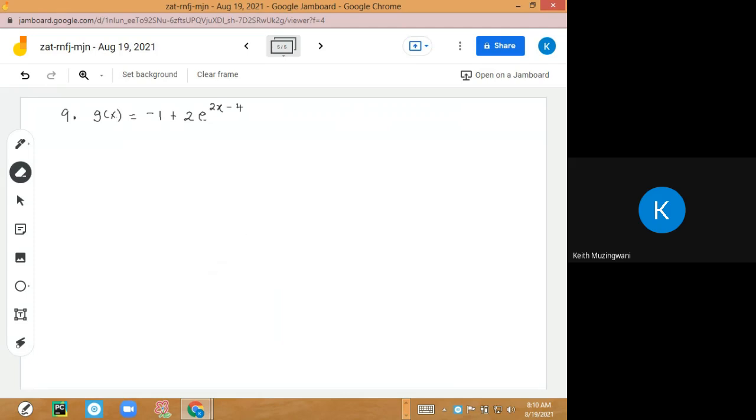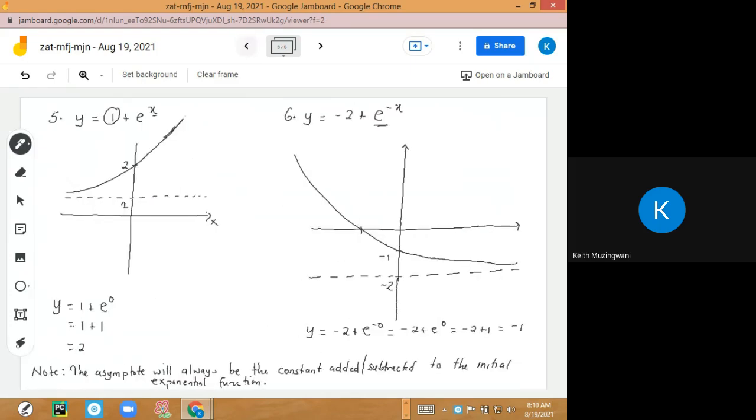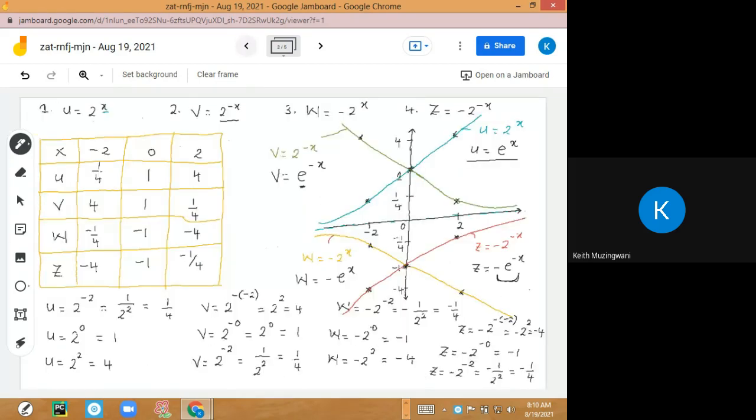So this means that the one that holds the family of the curve is e to the power 2x. 2x is positive, and e itself is positive also because its coefficient 2 is positive. So we are dealing with a positive case, which is the first graph. We are dealing with the family of example 5, which is the family of u.